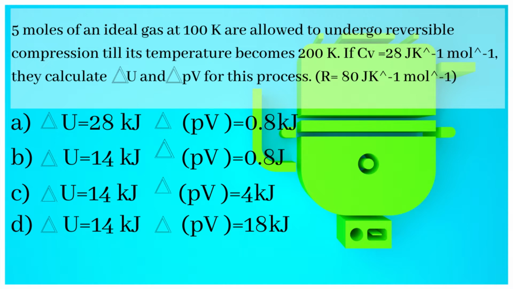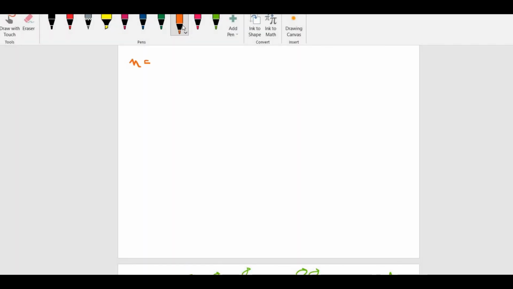First things first, whenever you're solving a problem, write down the given values. So n is 5 moles, T1 is 100 Kelvin and T2 is 200 Kelvin. Now, CV has been given to you as 28 joule per Kelvin per mole. How can you calculate delta U here?